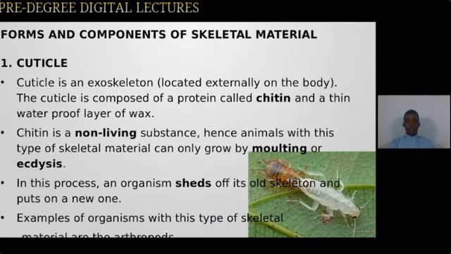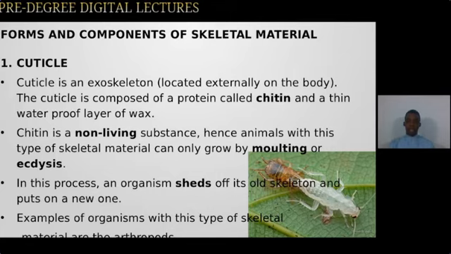Starting with the cuticle, it's an exoskeleton that's found on the external part of the body. It's composed of chitin, a non-living substance, and organisms that have a cuticle or exoskeleton can only grow by molting. Molting means they have to shed off the old exoskeleton first.